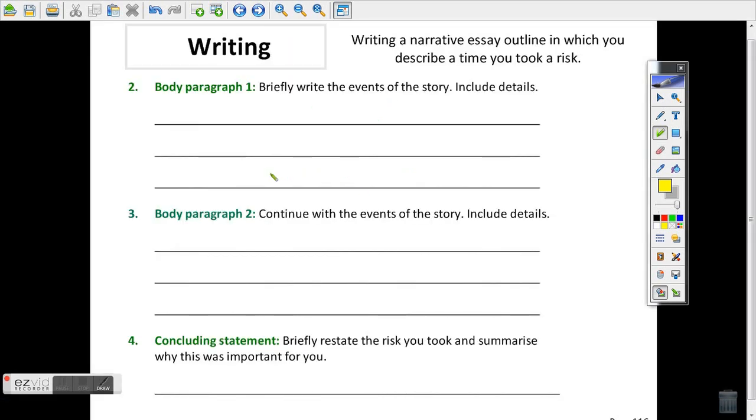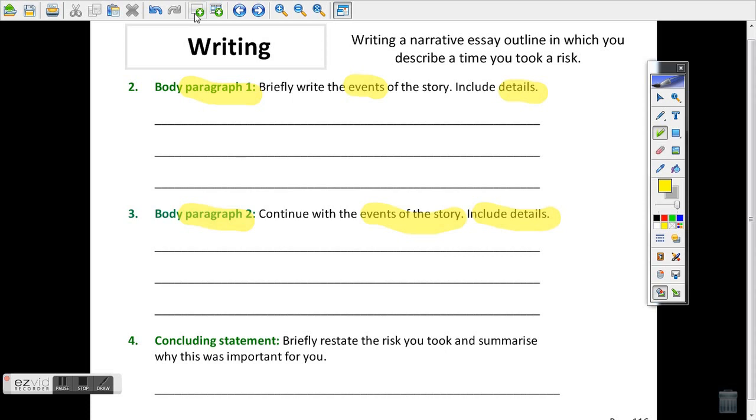As for the body paragraphs, you need to write 2 here. For paragraph 1, briefly write the events of the story and include details. For body paragraph 2, continue with the events of the story and include details.